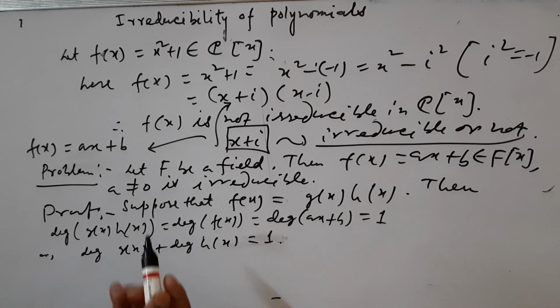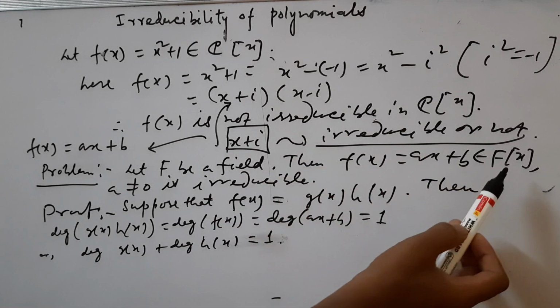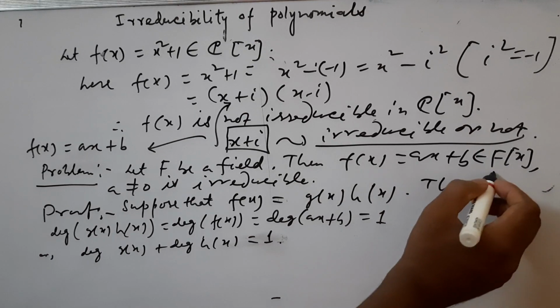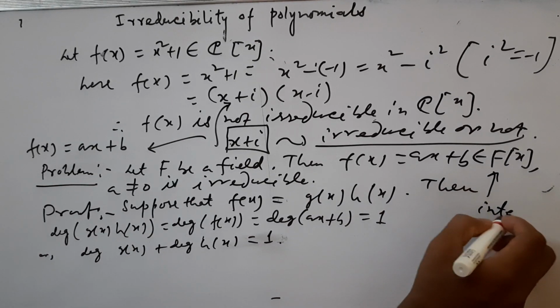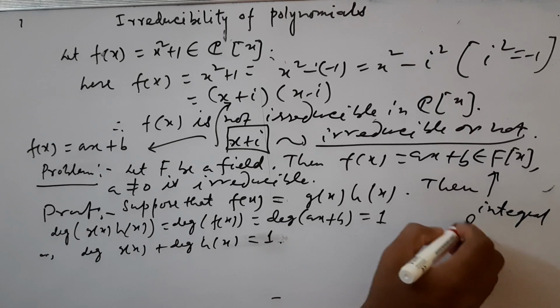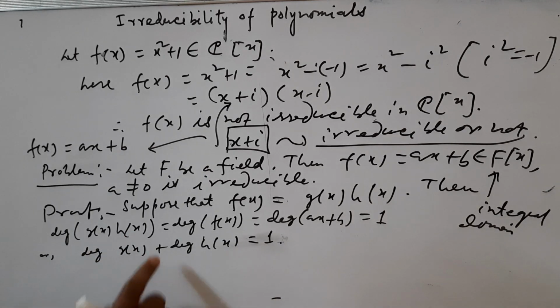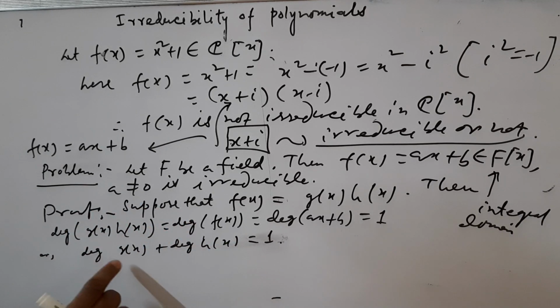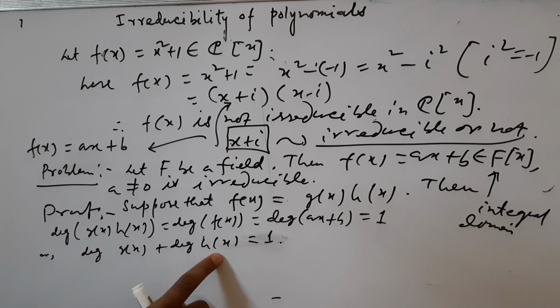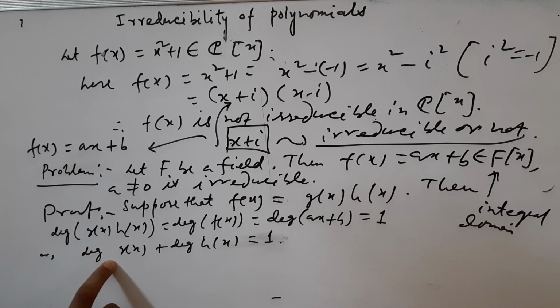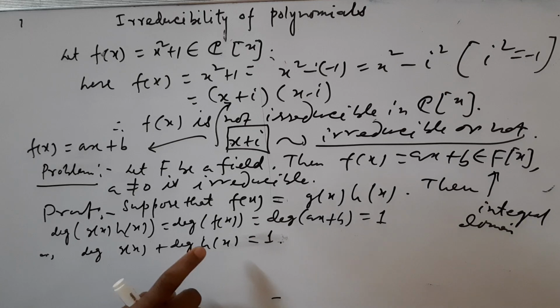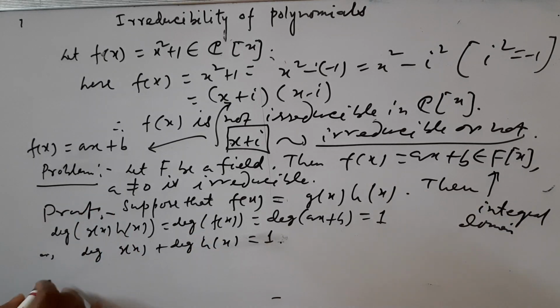Here we remember that F is a field, so it is an integral domain, and so this holds. Now degree of g(x) plus degree of h(x) is 1, so this is possible only when either this is 1 and this is 0, or this one 0 and this one 1.